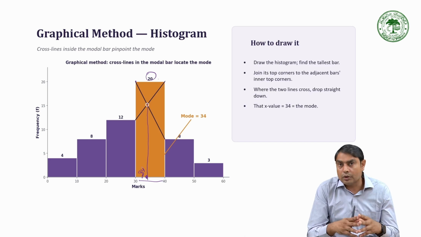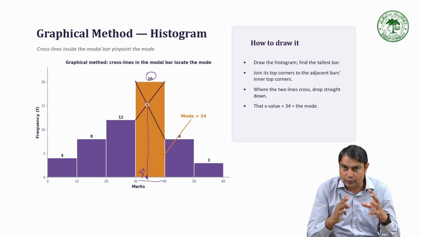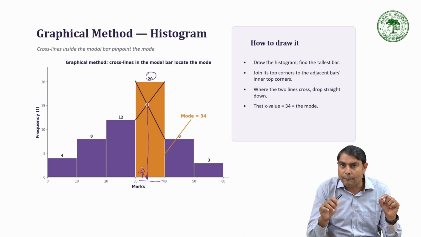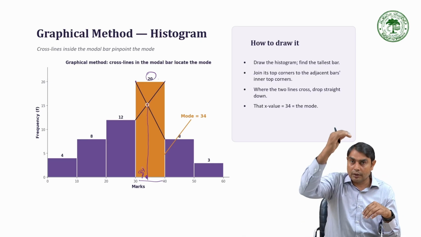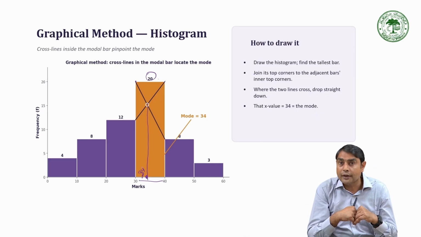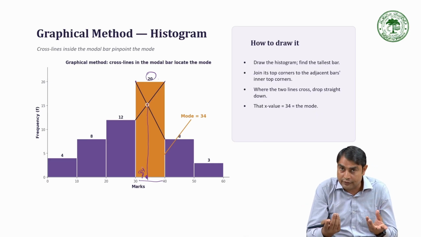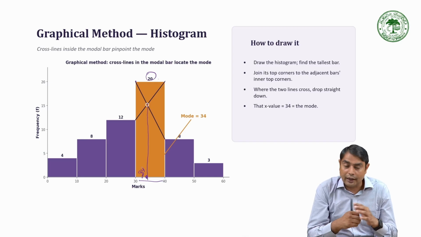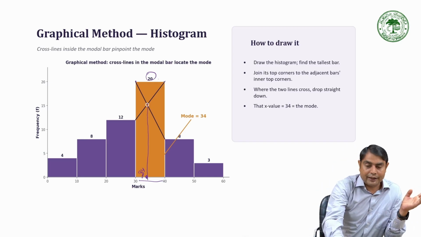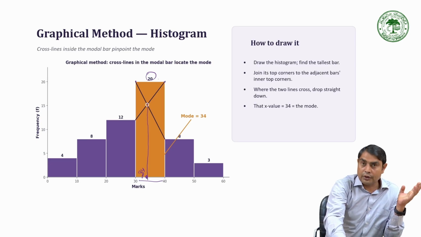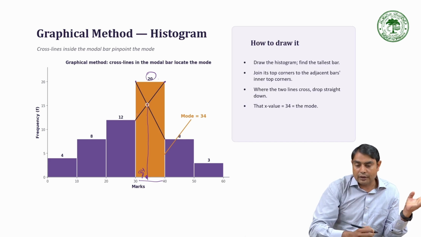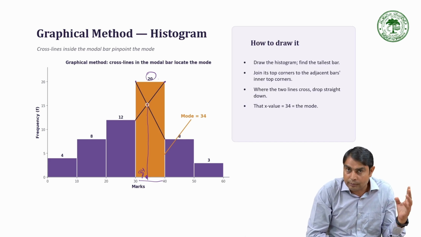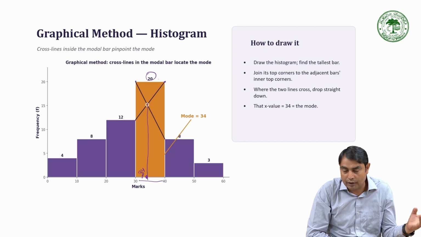So I can find the mode graphically also, and for that I have to prepare a histogram and identify the mode by looking at the bar with the highest peak, which is the highest frequency. From that I have to draw a line from the right-hand corner of the modal bar to the right corner of the previous class bar.